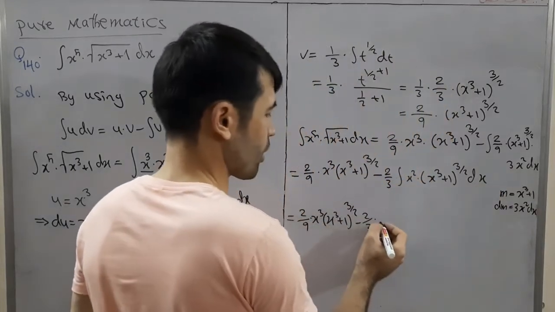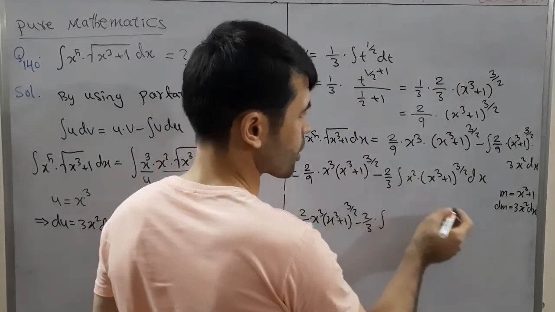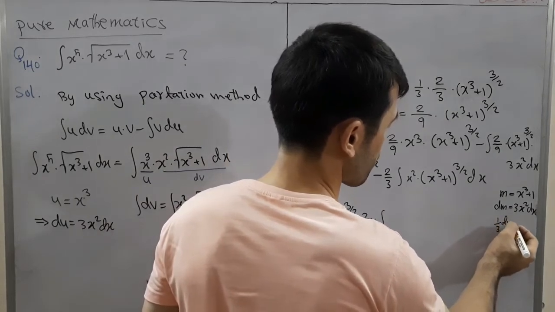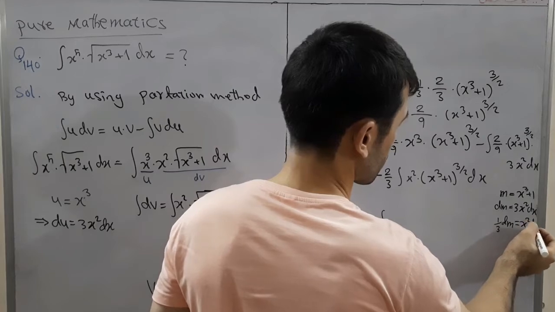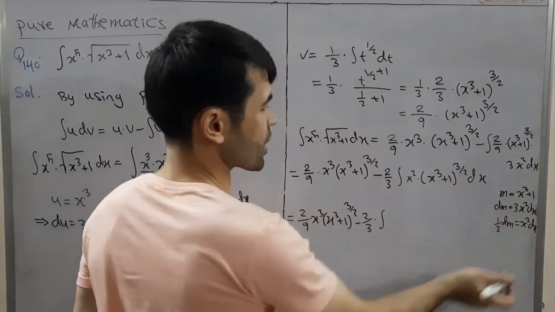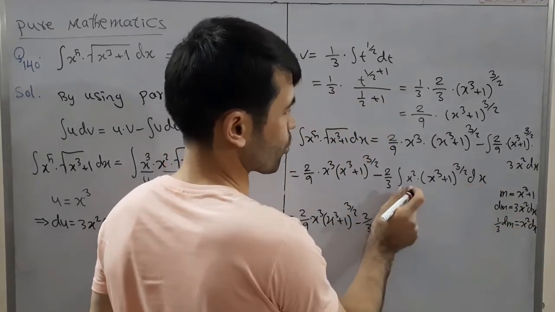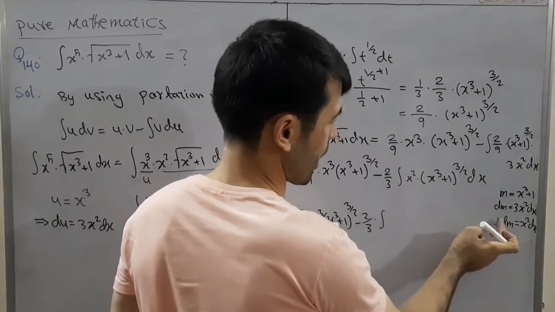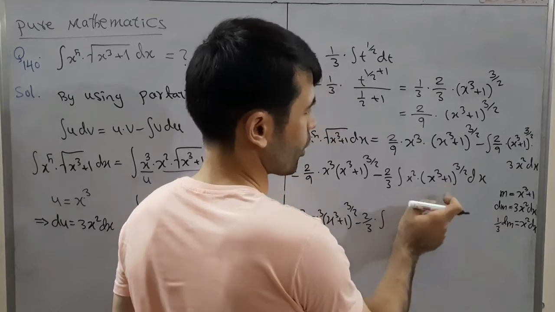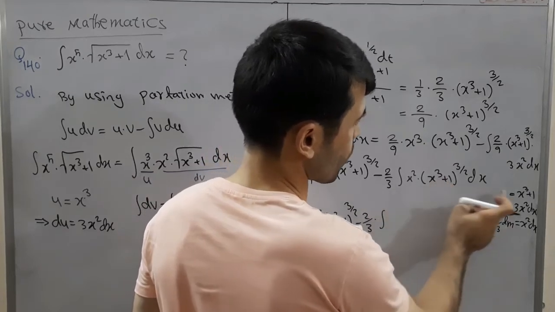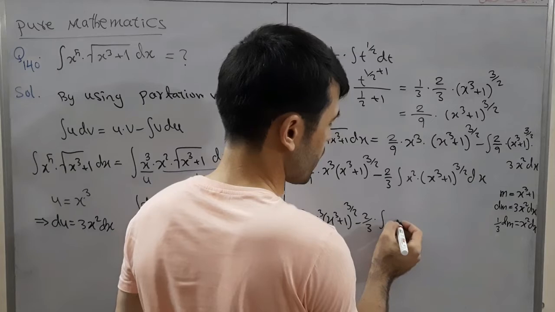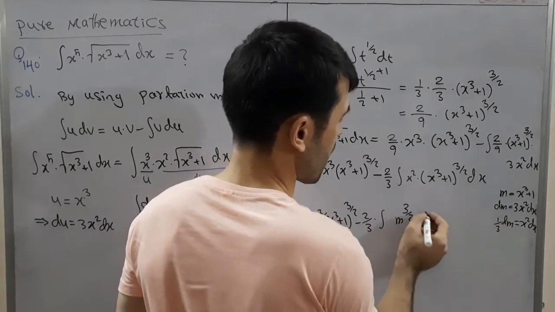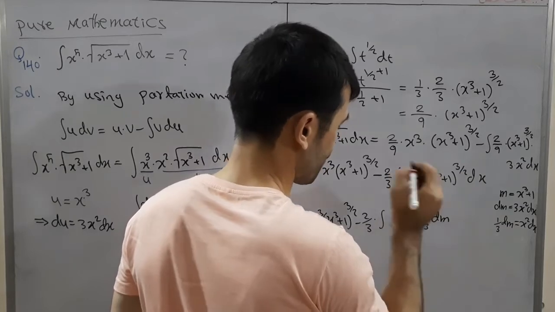Now 1 over 3 dm is equal to x square dx. Instead of these two expressions, we can write 1 over 3 dm. Instead of x cube plus 1, we can write m. Actually, m to the power 3 over 2 into 1 over 3 dm.